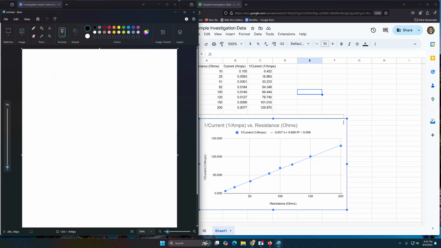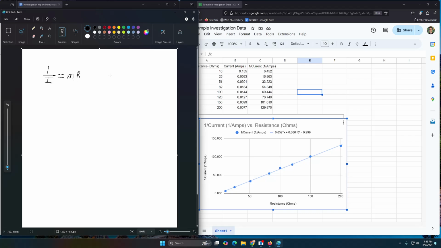So I have a graph which is 1 over I, where I is the symbol for current, on the y-axis, equal to m, which is my slope, times R, which is my resistance.